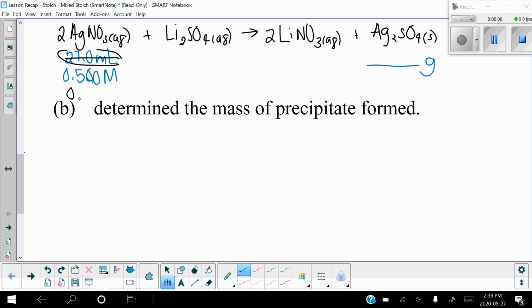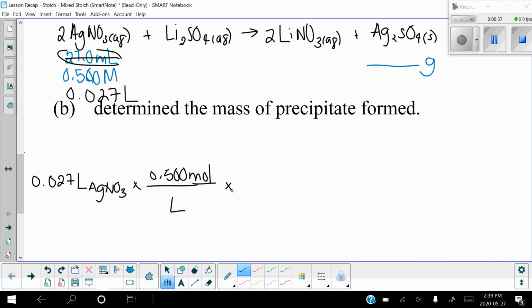So it's going to be 0.027 liters. And I just crossed that other one out so I don't accidentally use it twice. 0.027 liters of silver nitrate needs to be converted into moles, so we multiply it by our concentration, which then cancels liters out and we're left with moles.